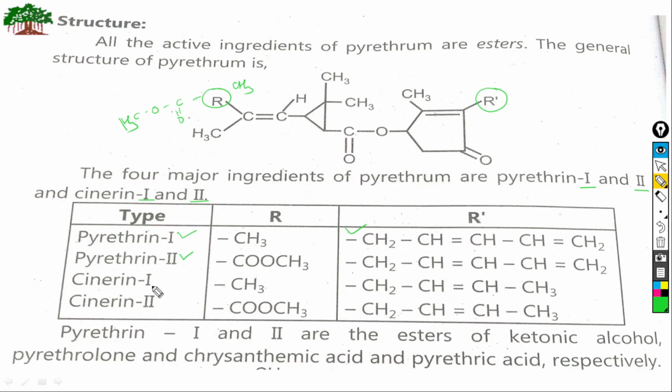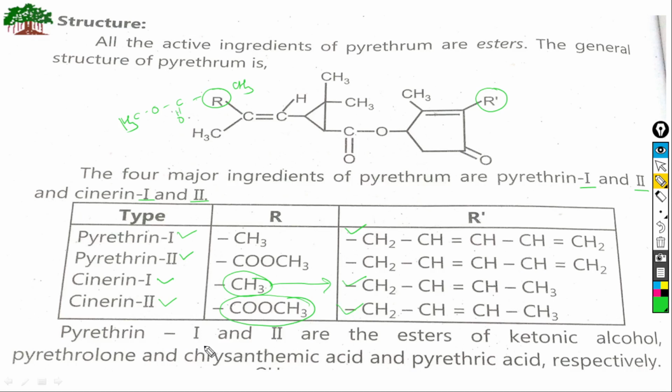Similarly, cinerin 1 and cinerin 2 are formed by replacing R with CH3 and COOCH3, along with this other group in place of R dash. Only the R value is changed when we compare the structures of cinerin 1 and cinerin 2.